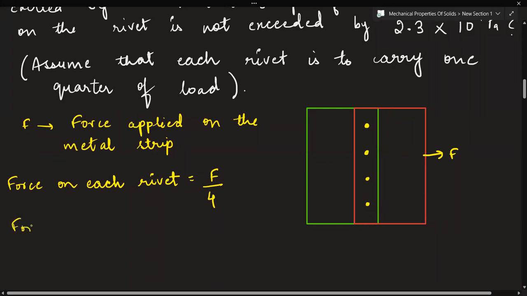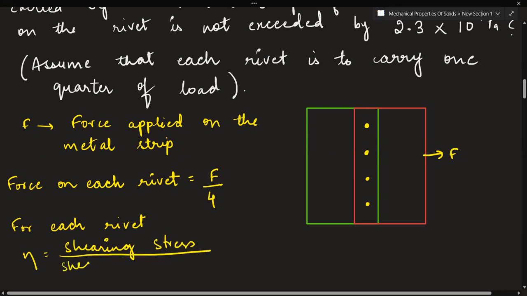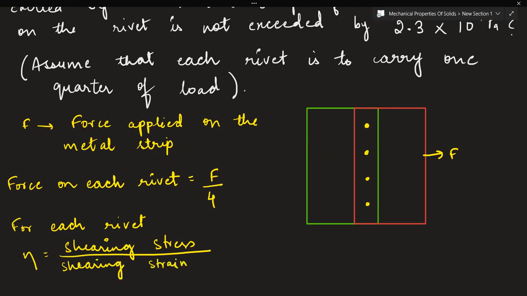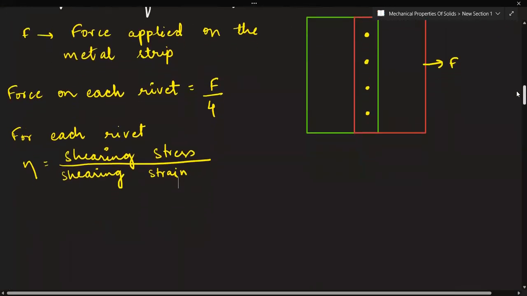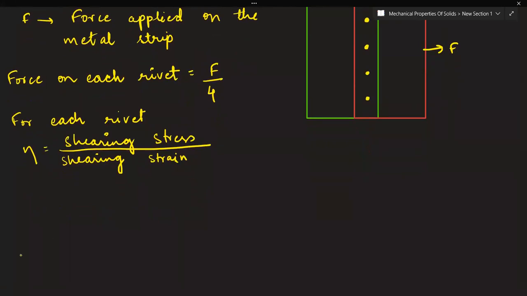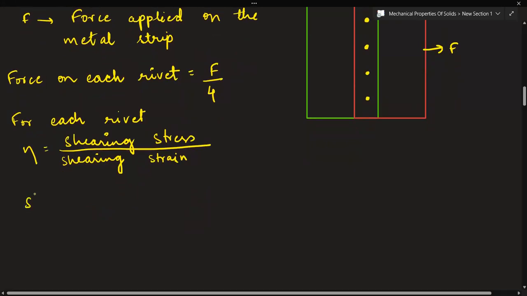Now, for each rivet, the shear modulus would be equal to shearing stress divided by shearing strain. Now can you tell me what is the stress on each rivet? What is the formula for stress?